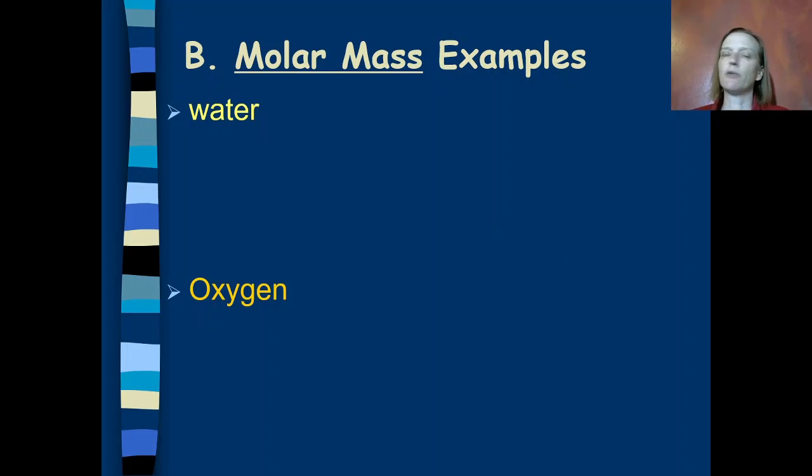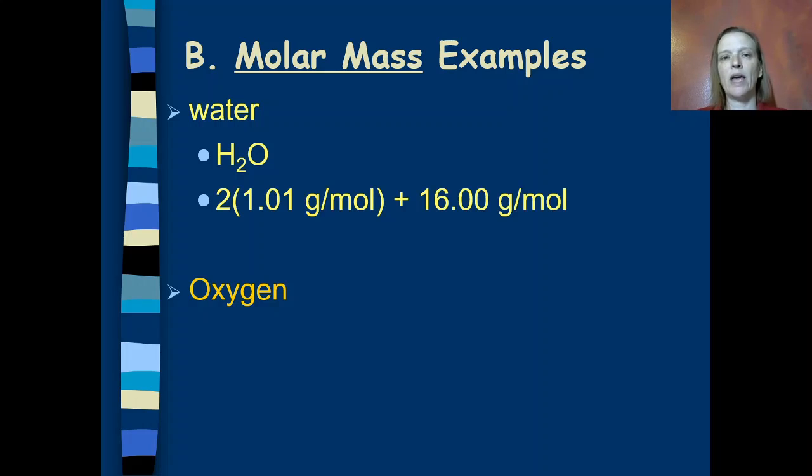Let's just stick with molar mass examples now, because this is what we will use most for our calculations. Let's look at water first. The formula for water is H2O, and that means that we have 2 hydrogen atoms and 1 oxygen atom. So if I want to know the molar mass of water, I need to think about my 2 hydrogen atoms, and looking at my periodic table, each hydrogen atom has a mass of 1.01 grams per mole.